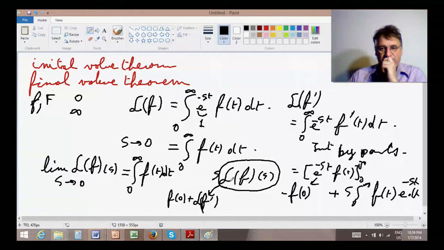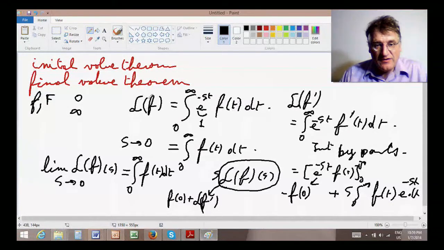Now, so s times the Laplace transform of f applies to s is that. Now, let us look at this Laplace transform of f prime when s tends towards 0.